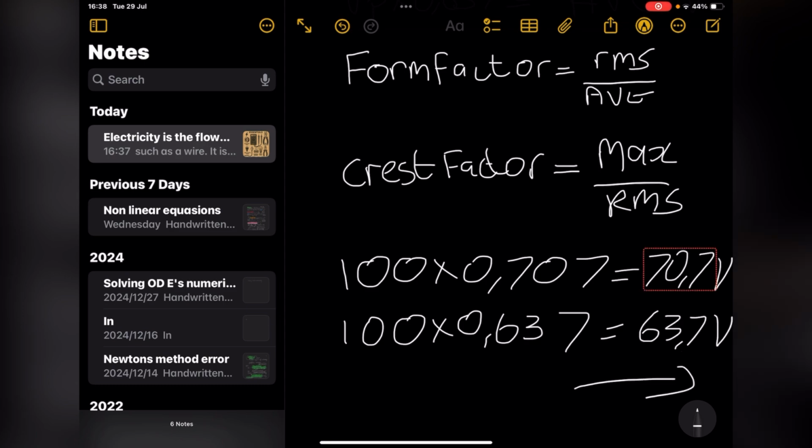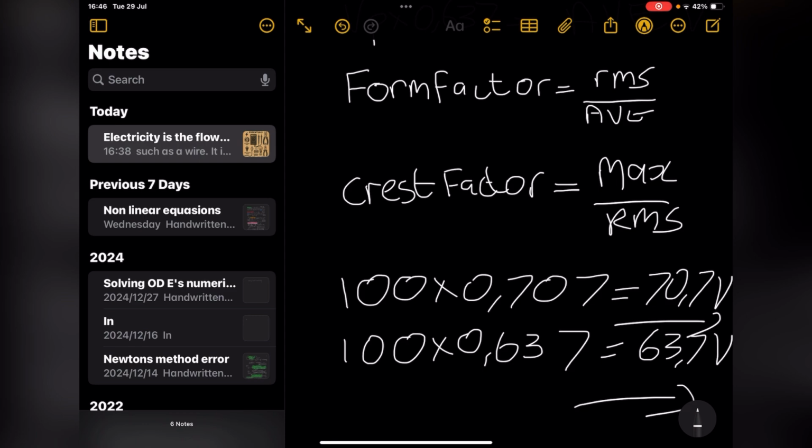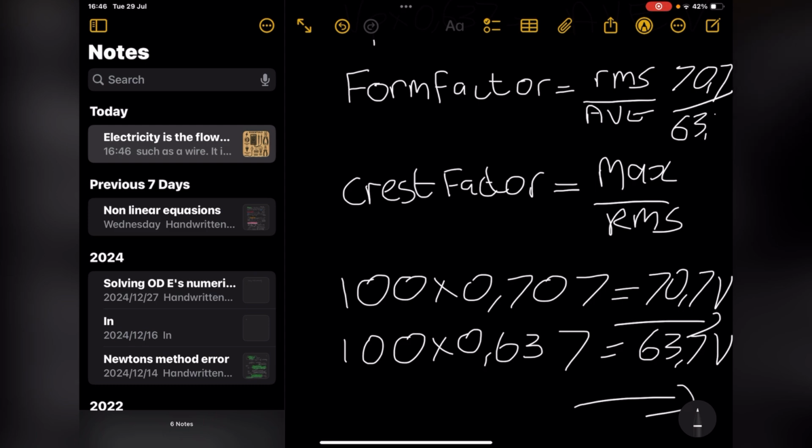All right, so for form factor, we have RMS value over average, and for crest factor, we have max over RMS. So our RMS was 70.7, so let's just go and write it there, over average, which was 63.7. And then for our crest factor, we had max, which was 100, over RMS, which is 70.7.